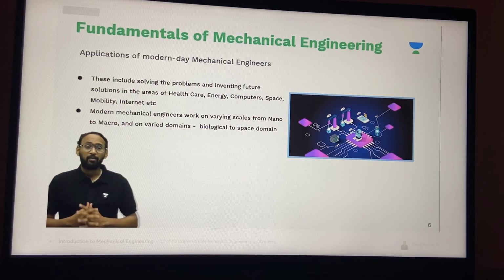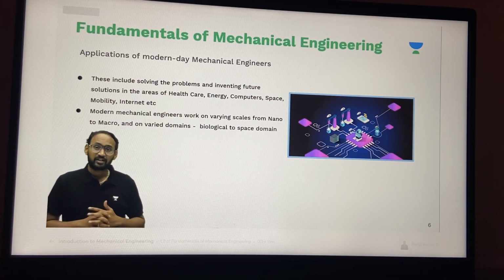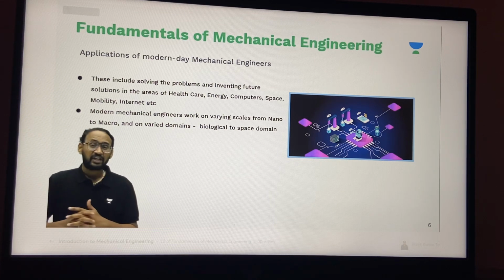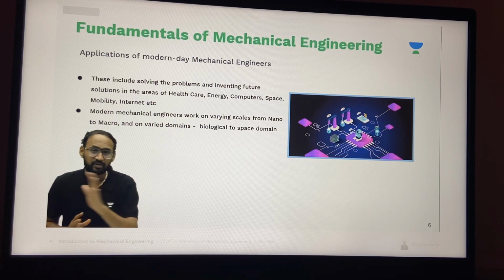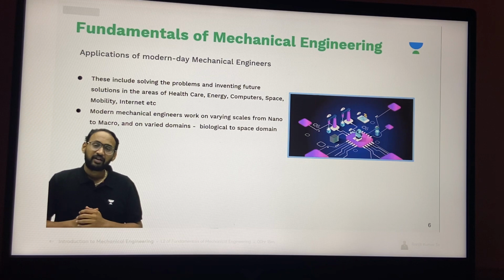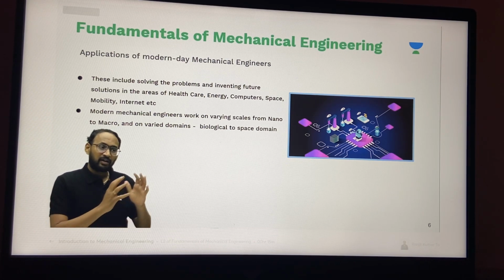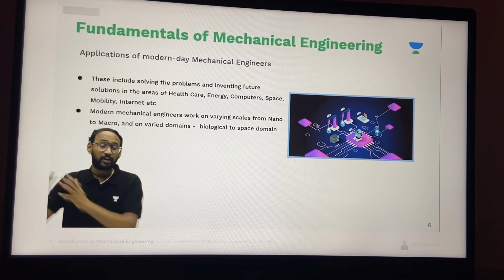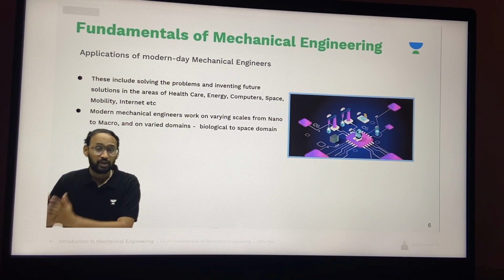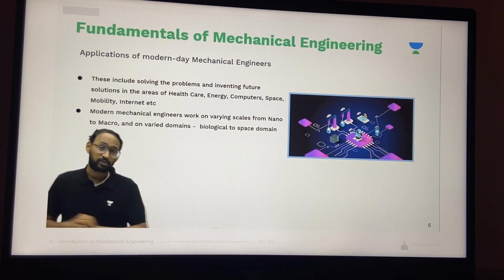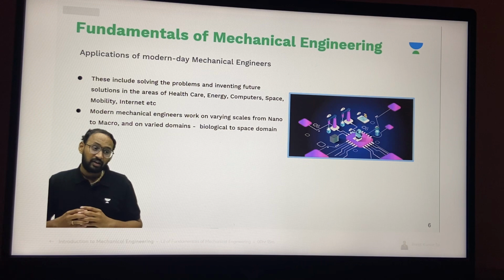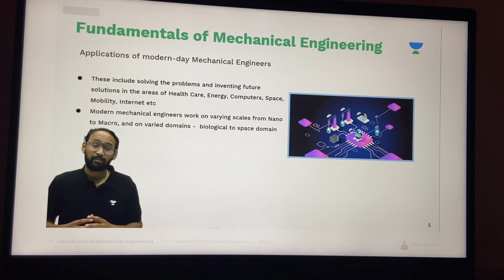So coming to the problems the mechanical engineers were solving: initially, in industrialization, we were focusing on steam power, for example. And now we are talking about electric, nuclear, hydrogen power, and so on. Initially, we were focusing on, say, an automobile.